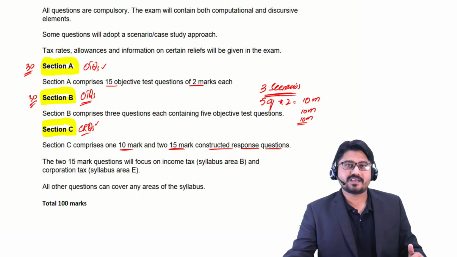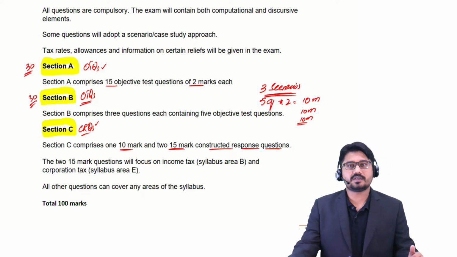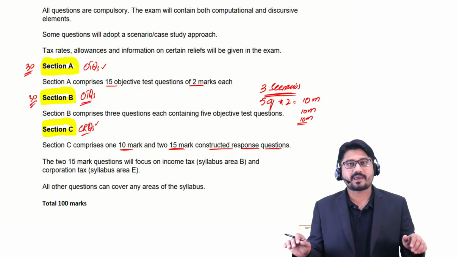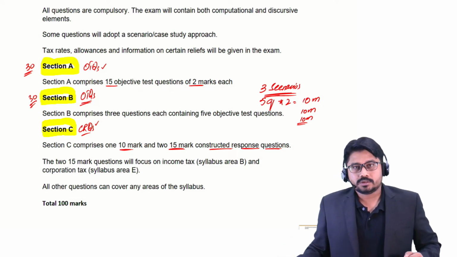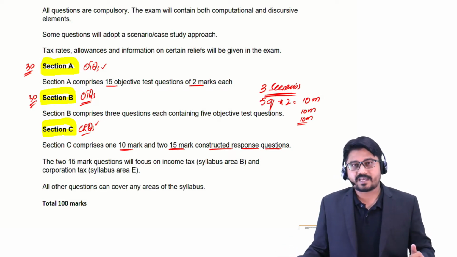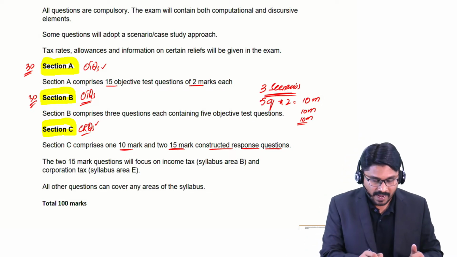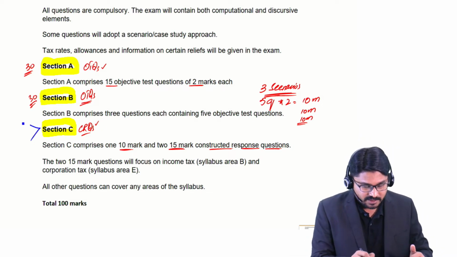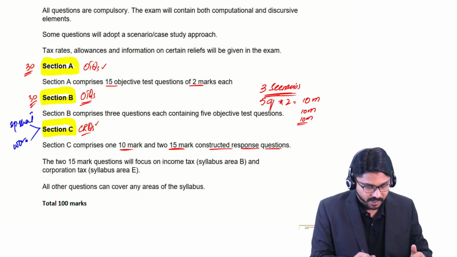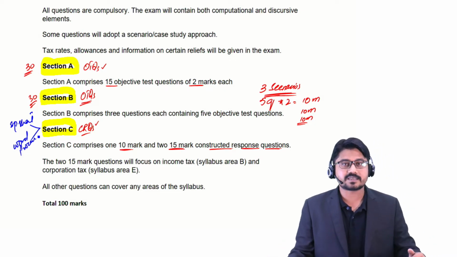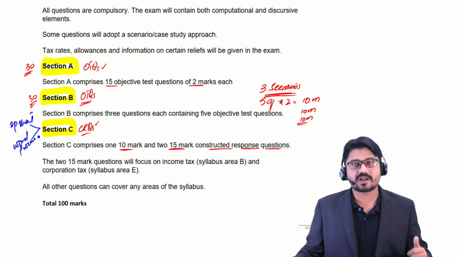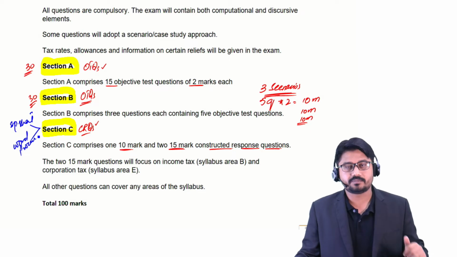And if there is any theoretical question, you have to write your answer in paragraph form, so you would be using the word processor area for that. So for answering Section C questions, the spreadsheet and word processor are the two important elements to learn, to present your answer in a structured way.